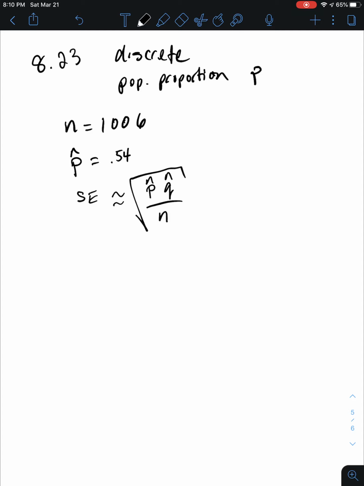The correct value uses P and Q, but we don't have access to those, so we use P hat and Q hat instead. P hat is 0.54, so Q hat is 1 minus 0.54, which is 0.46.